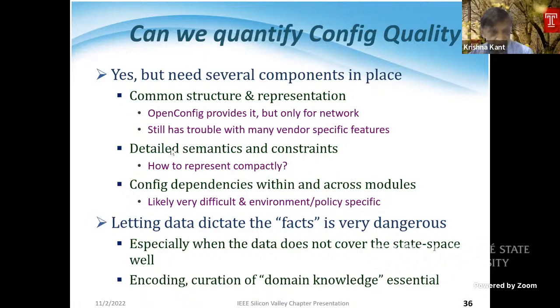In addition, we need more detailed semantics and constraints so that we can define the dependencies and the rules of thumb that I was talking about. And similarly for the dependencies within and across the modules. We need a way of specifying those, because if you don't have those, then we are not able to determine how the configuration of one object should relate to the configuration of another object.